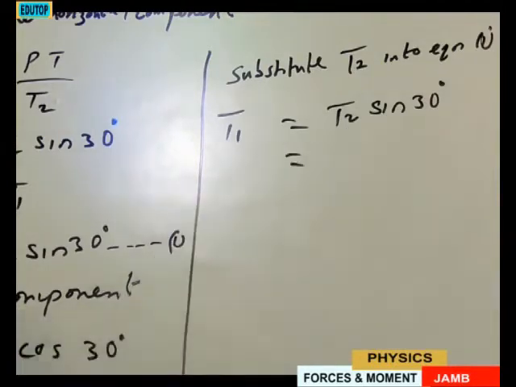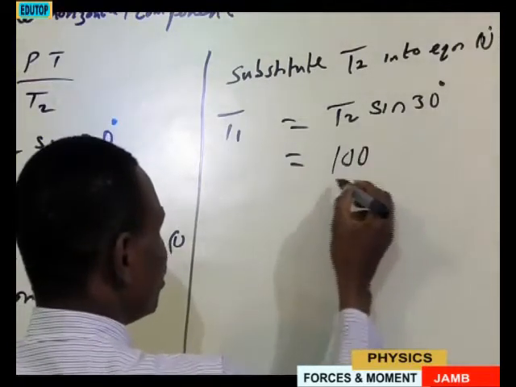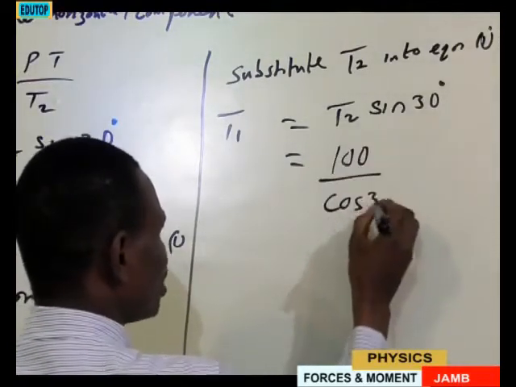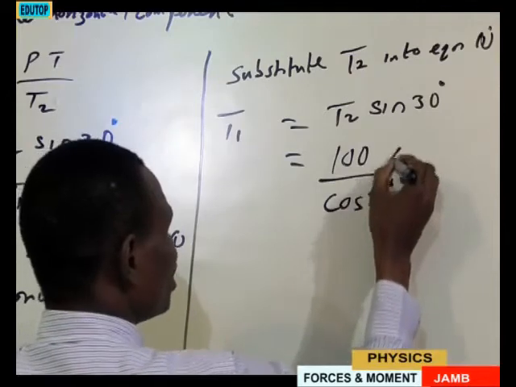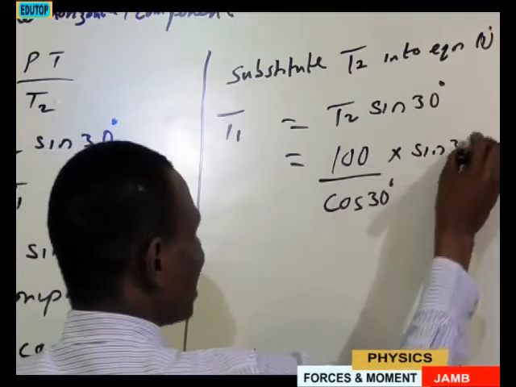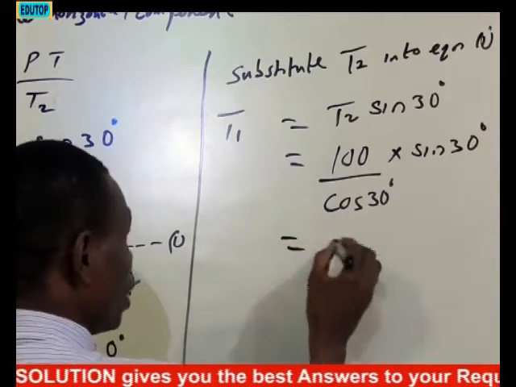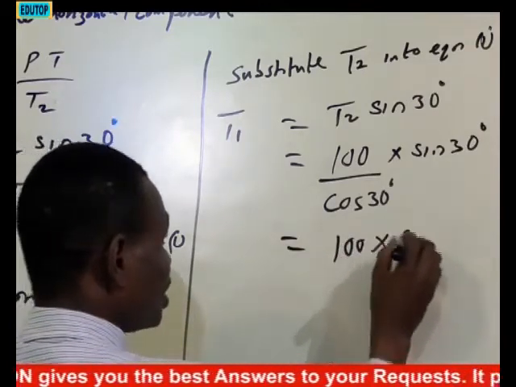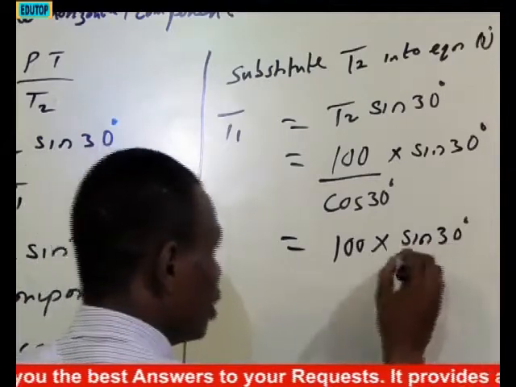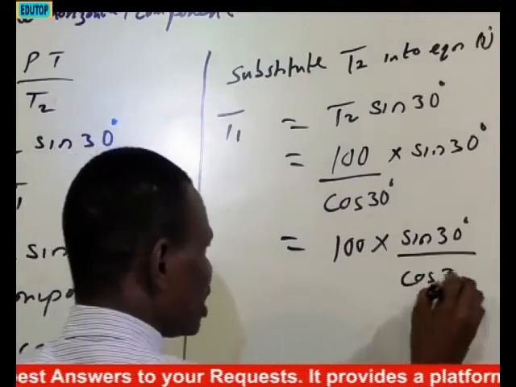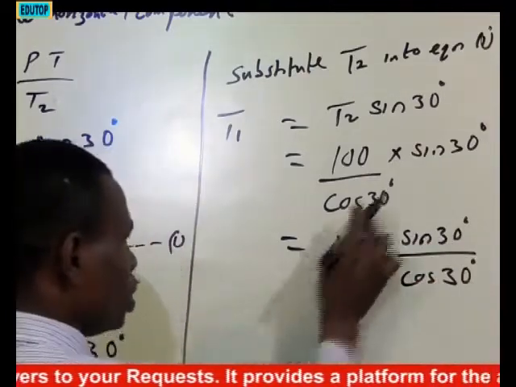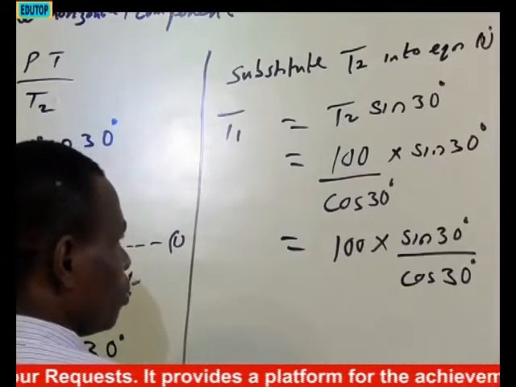So instead of T2, we are going to have 100 over cos 30, 100 divided by cos 30 degree times sine 30 degree. If you look at this very well, you can write this as 100 times sine 30 degree divided by cos 30 degree.